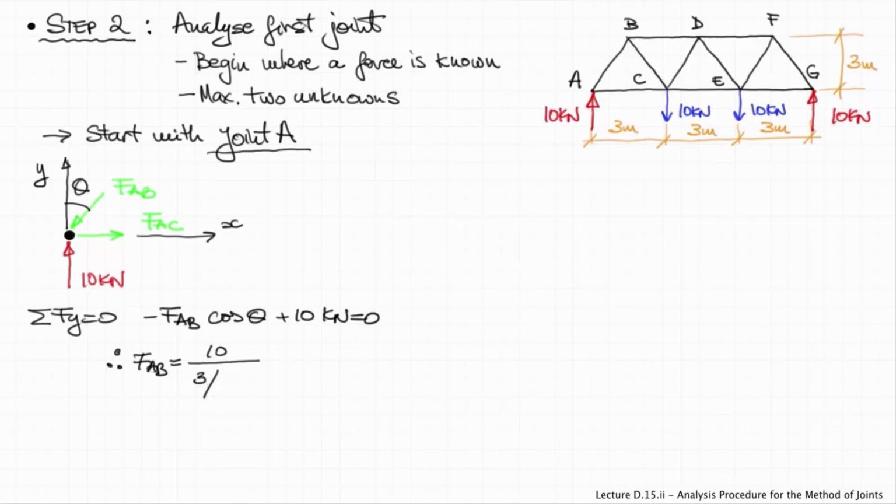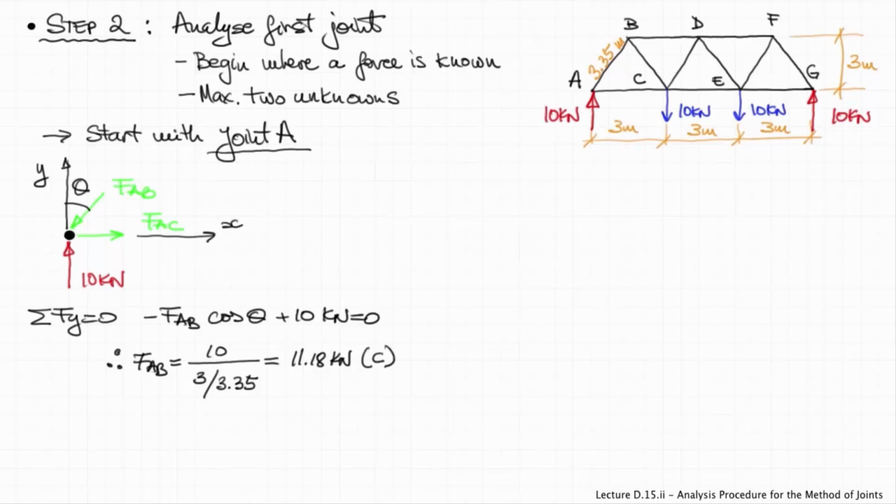And therefore, FAB will be equal to 10 kilonewtons divided by cos theta, 3 meters divided by 3.35 meters. This is the length of member AB. And therefore, this member will be equal to 11.18 kilonewtons, the force in the member.